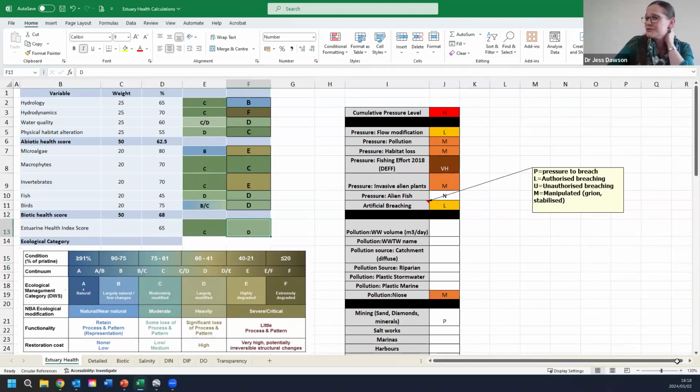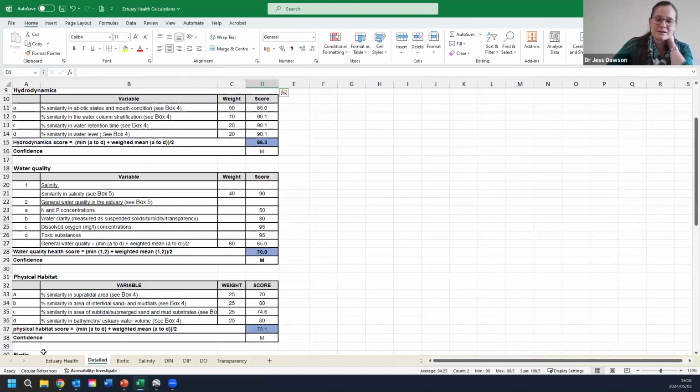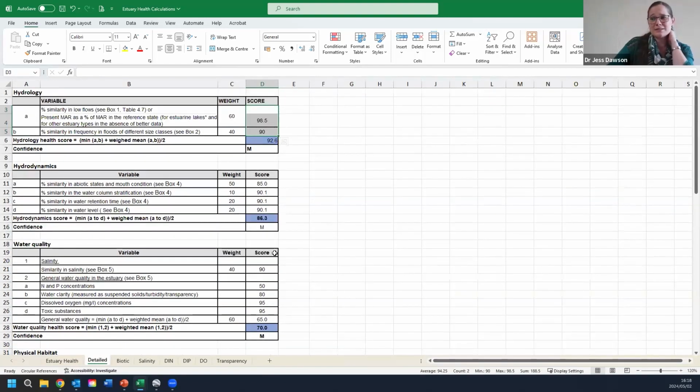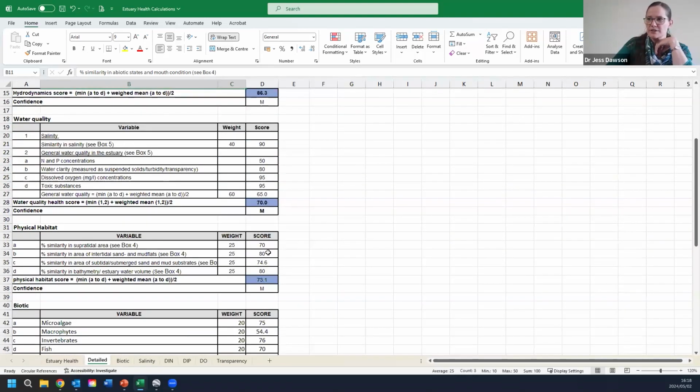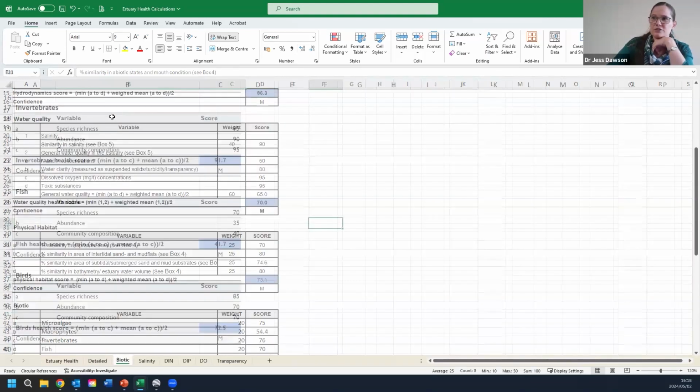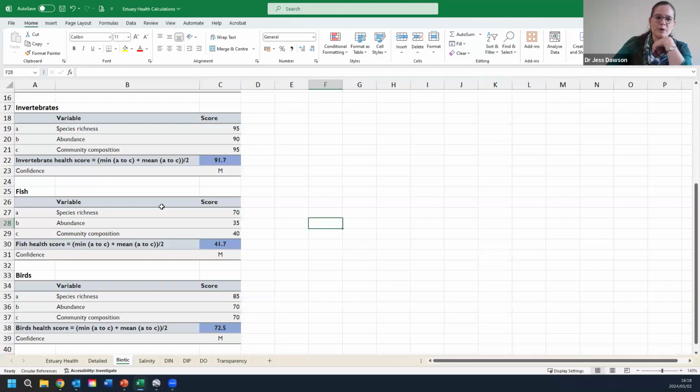Something I quickly want to show you, when we do this, we have slightly more detailed assessments. We don't just do one. Each of those categories are broken down into further categories, as I showed you in that first mind map. So we do a percentage calculation for all of the different aspects of the hydrodynamics, the water quality, the physical habitat, giving each one of those a score. Interestingly then, as I showed here, the biotic components are based on those three things: the species richness, abundance, and community composition.